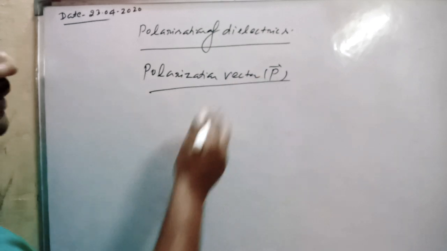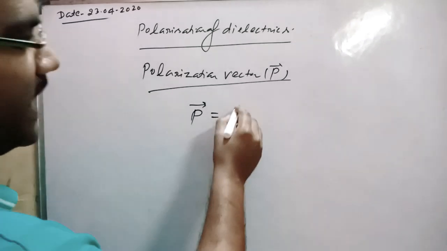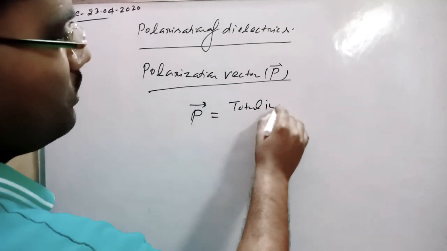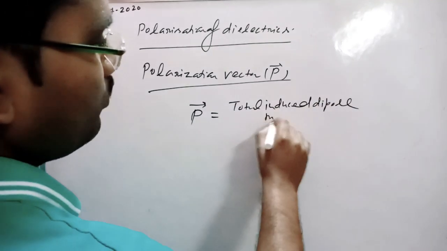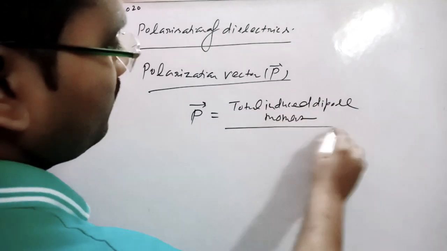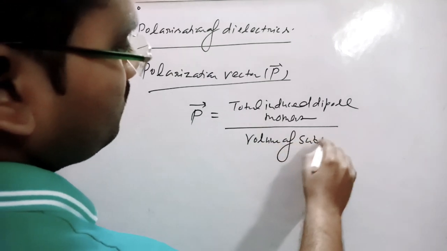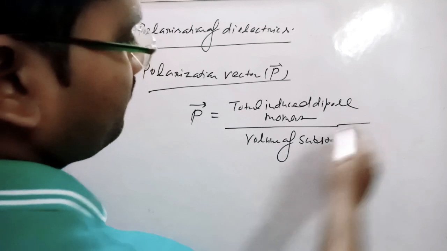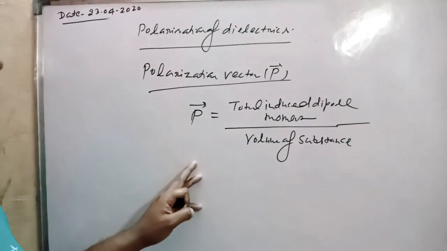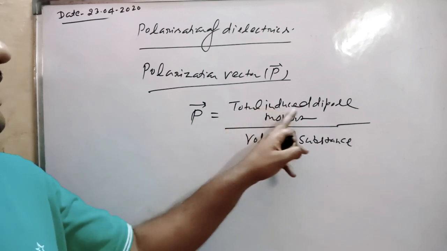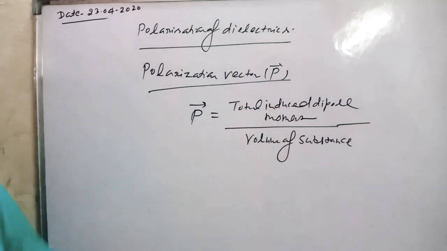It is denoted by capital P. Now capital P is equal to the total induced dipole moment divided by the volume of the substance. That means the polarization vector is defined as the total induced dipole moment per unit volume of the substance.